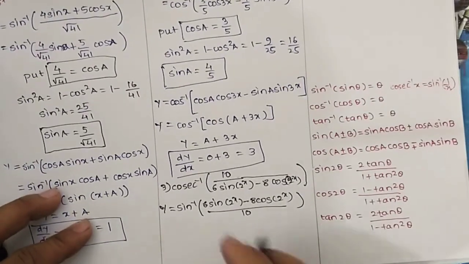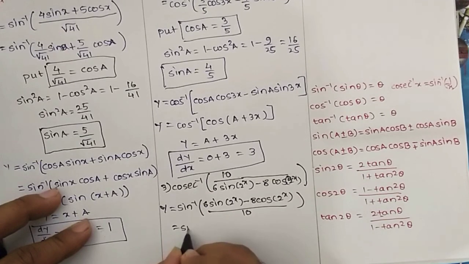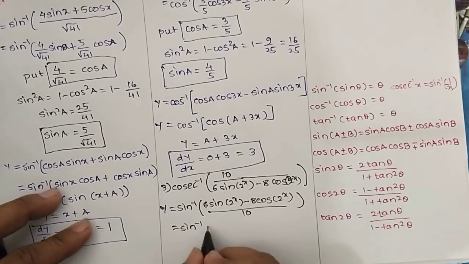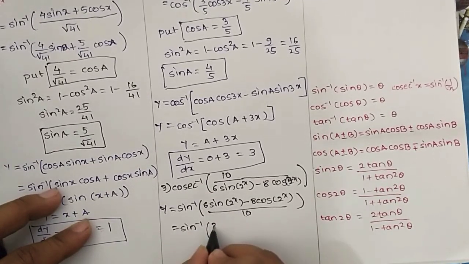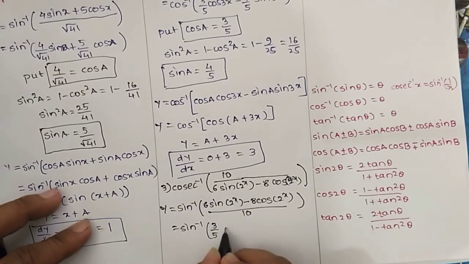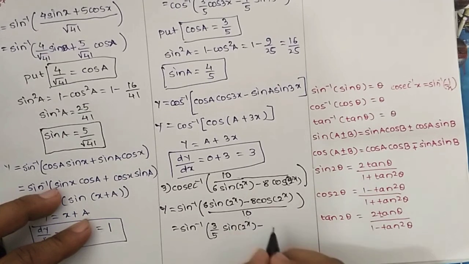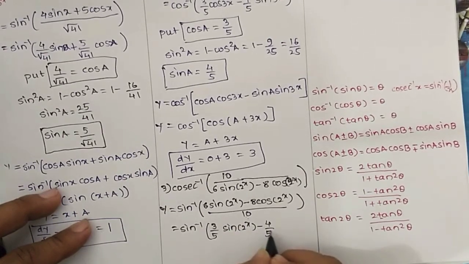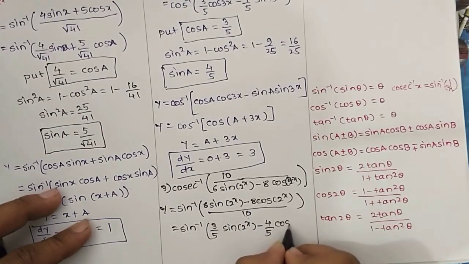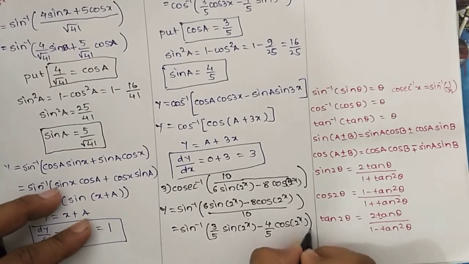Now if I simplify this, I get sin inverse of, just have a look at it, 6 by 10 can be written as 3 by 5 along with sin 2 raised to x, minus 8 by 10 can be written as 4 by 5, and there is the cos of 2 raised to x term.